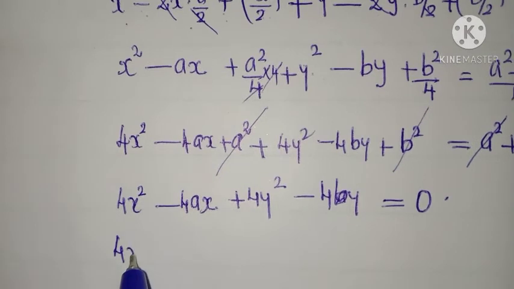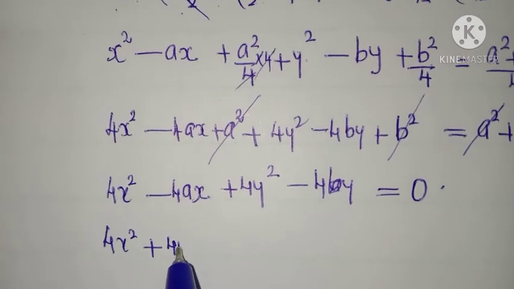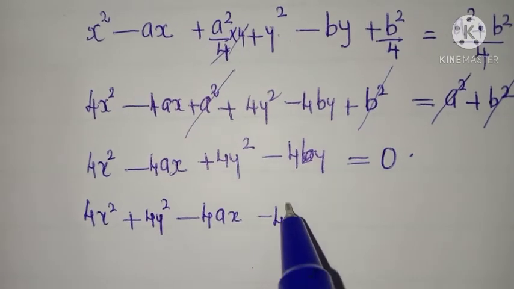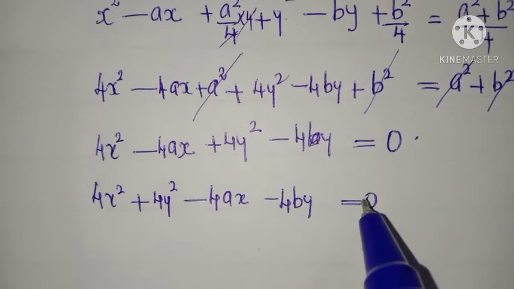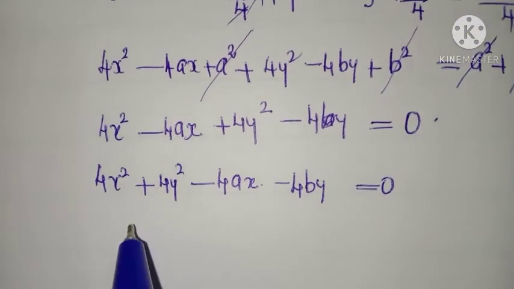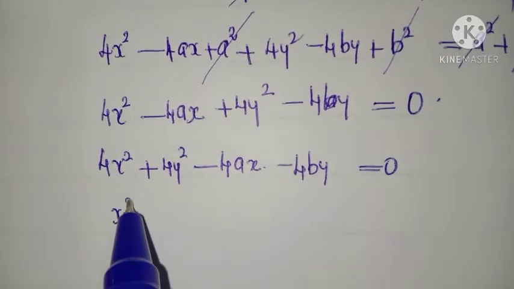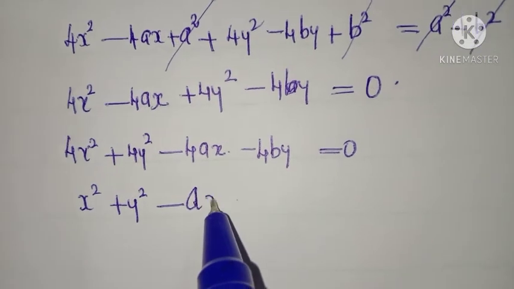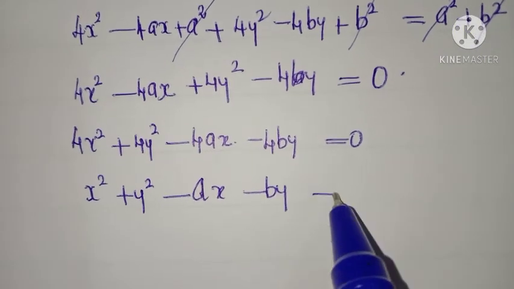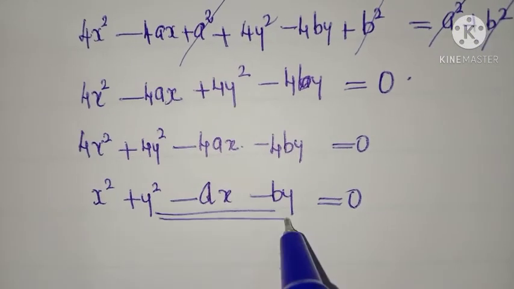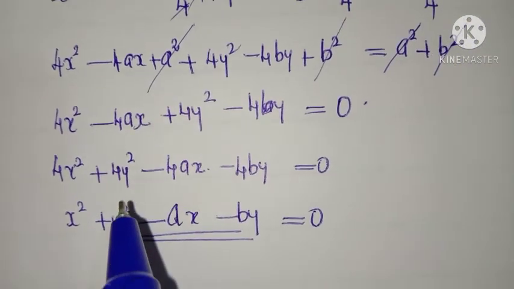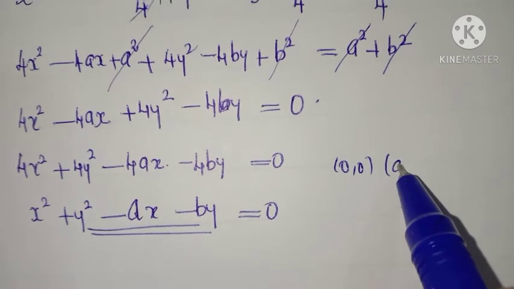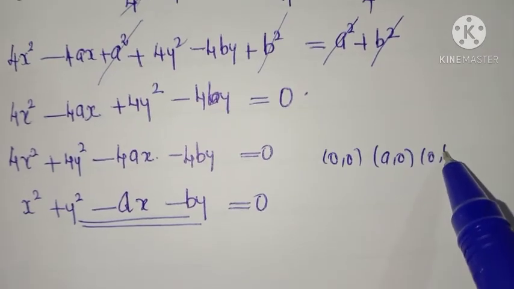Or it is 4x square plus 4y square minus 4ax minus 4by equals 0. All the terms carry 4 as common. So this is the same as x square plus y square minus ax minus by equals 0. So this is the equation of the circle passing through the points (0, 0), (a, 0) and (0, b).